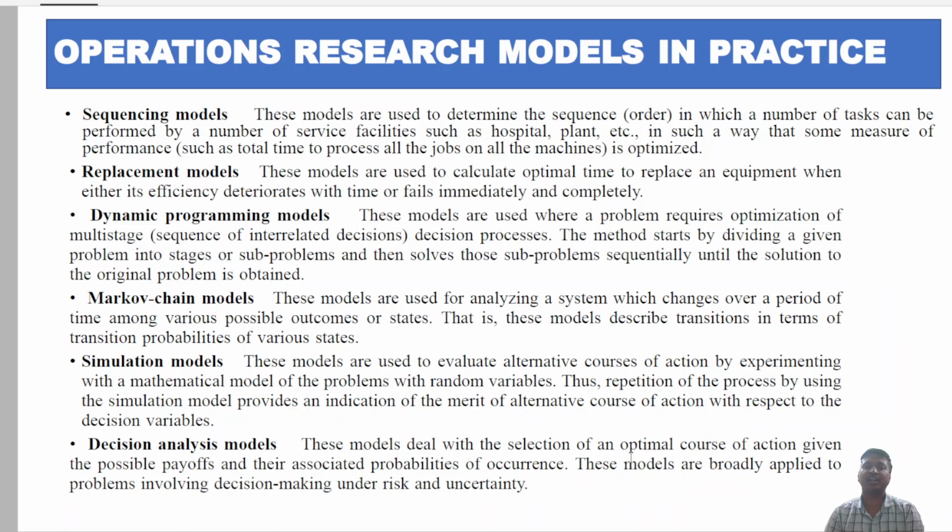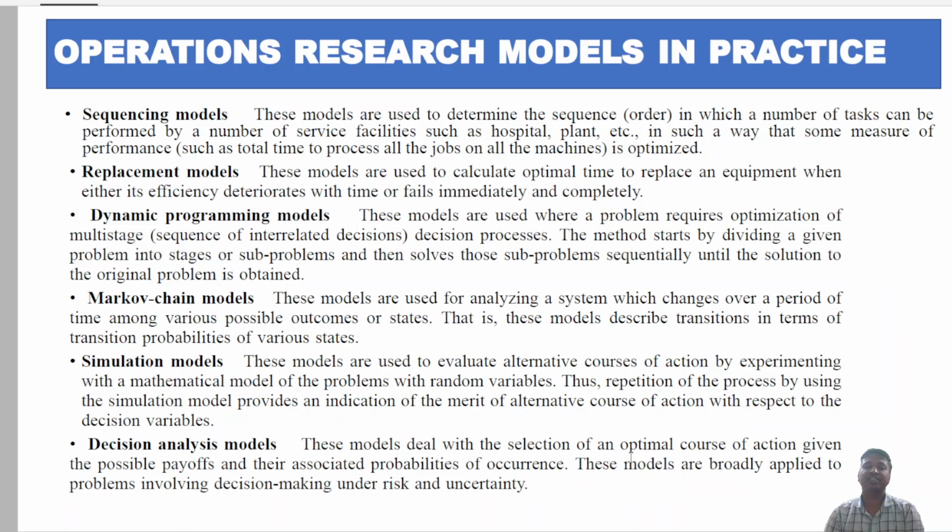These models are used to evaluate alternative courses of action by experimenting with a mathematical model of the problem with random variables. Thus, repetition of the process by using the simulation model provides an indication of the merit of alternative courses of action with respect to the decision variables.